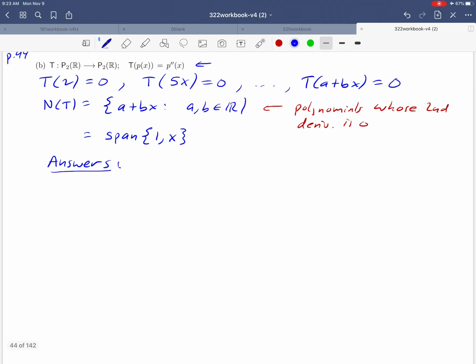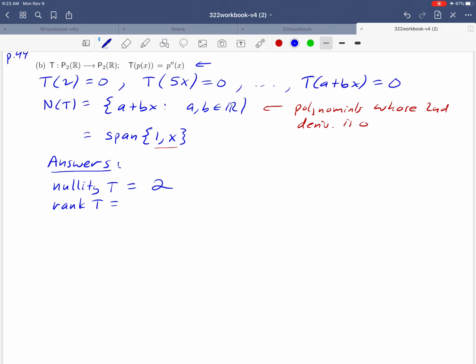All right, so let's start with the nullity. What would the nullity of this linear transformation be? Well, the nullity is just the dimension of the null space. And we can see from the calculations that we did that these two polynomials form a basis for the null space of T. Therefore, the nullity has to be 2, because there are 2 of them. Then the rank we can get by using the dimension theorem.